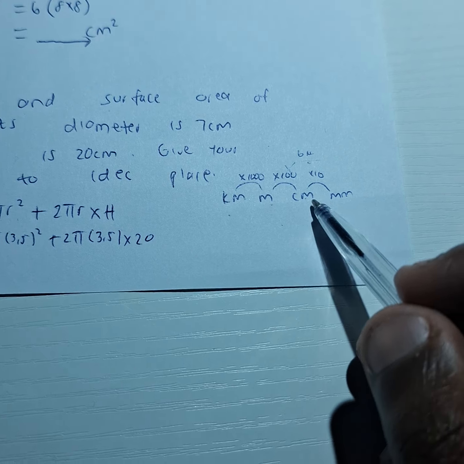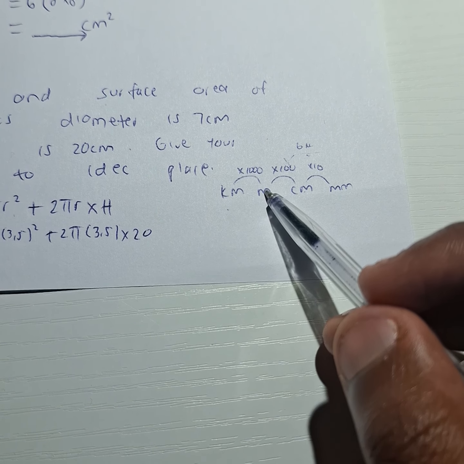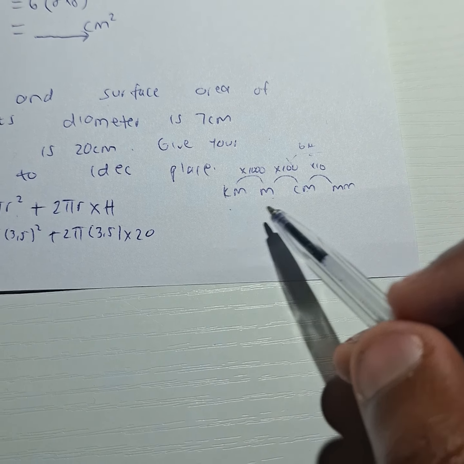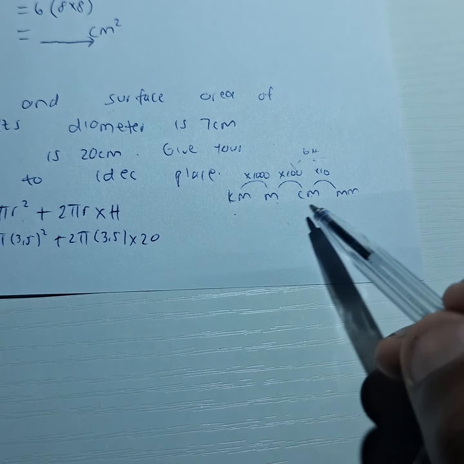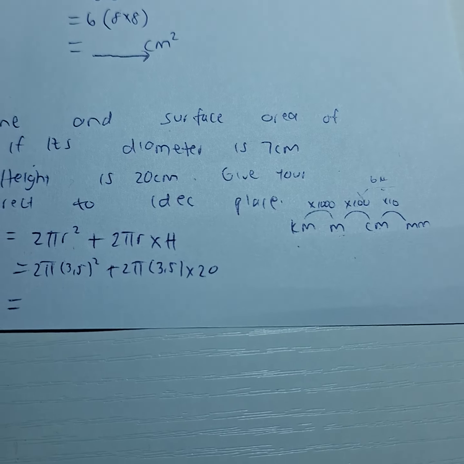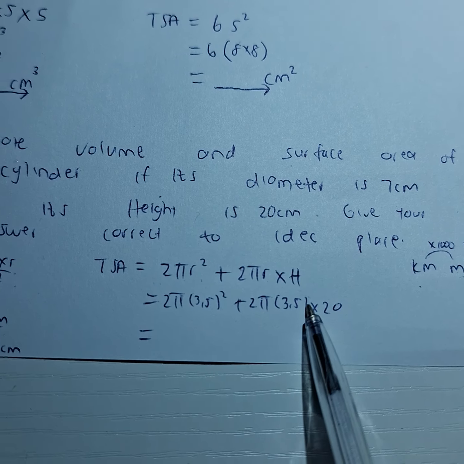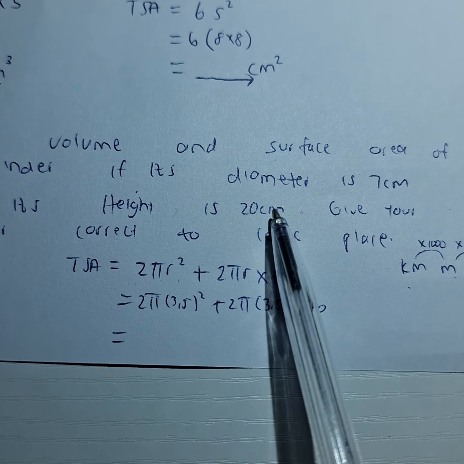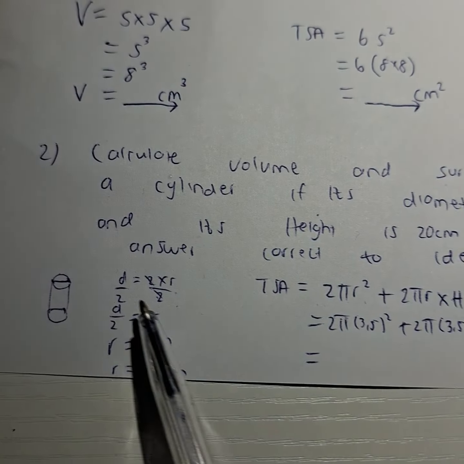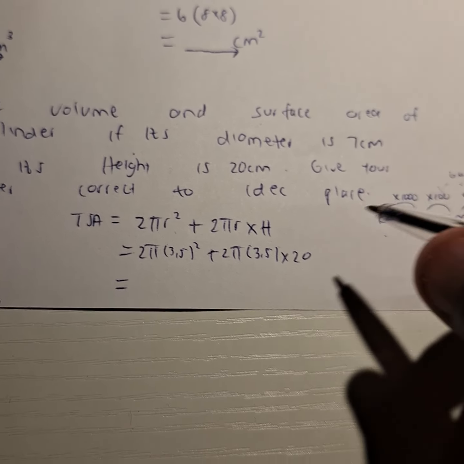If we want to go from millimeters to centimeters, we divide by 10, centimeters to meters we divide by 100, meters to kilometers we divide by 1,000. So just make sure that when we substitute values here, we have the same unit. This is in centimeters, so it's easy to substitute. But if not, we always convert first.